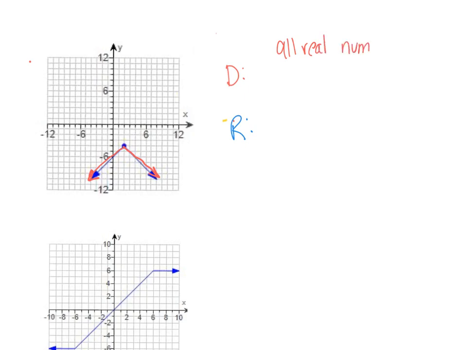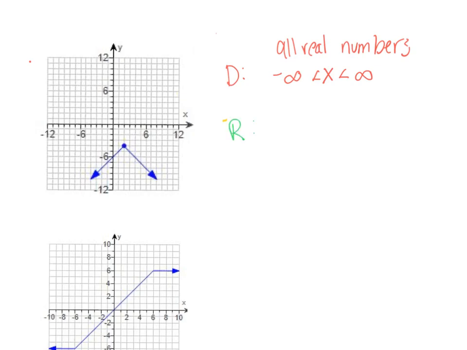There's no restrictions. Or we could say that the domain is all numbers from -infinity to +infinity. That's just a different way of saying all real numbers. Now, if we go to look at our range, I'm going to switch to green so it can be seen.